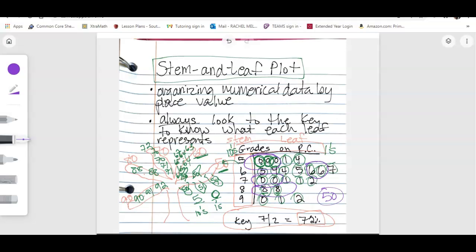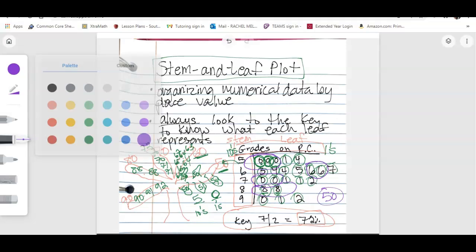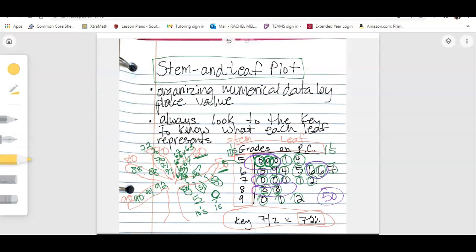And then they almost always will ask you a question, what is the difference between the highest grade and the lowest grade? Your highest grade is always the very last one.